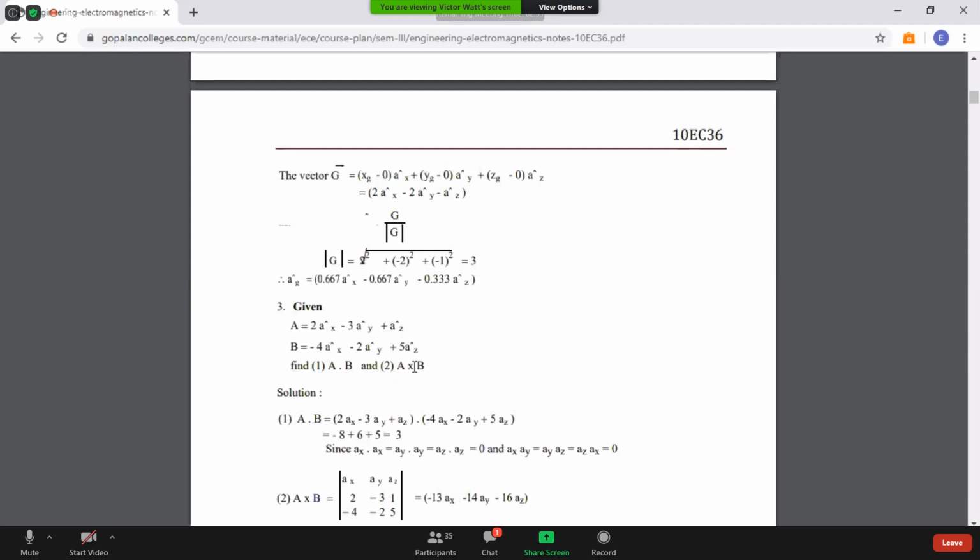The modulus of A times the modulus of B times cosine of the angle between them, right? And it's also AX times BX plus AY times BY plus AZ times BZ. Right? Yes, sir.